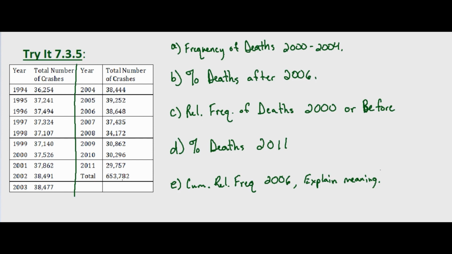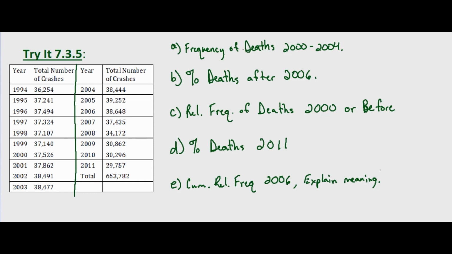So the first part asks us what the frequency of deaths is from 2000 to 2004. That is just the sum of the frequencies for those individual years: 2000, 2001, 2002, 2003, and 2004.